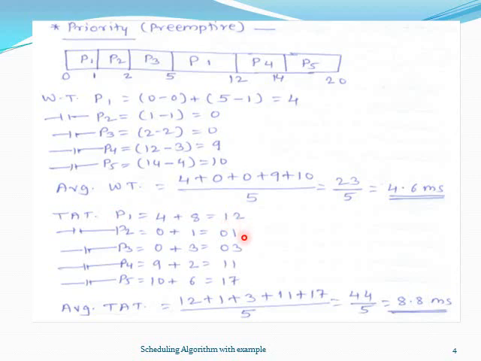In the same way, the turnaround time of P2 is 1, P3 is 3, P4 is 11, and P5 is 17. Then we calculate the average turnaround time, which is equal to 8.8 milliseconds.